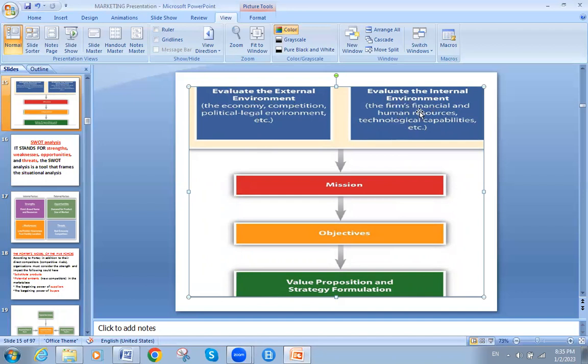The internal environment will include the technology used, the human resources, the firm's financial position, the structure of the organization, all this together. Things from inside the organization, here, and from outside the organization. So you have to check in and out, both of them. Then once you're done, you know what you will do.